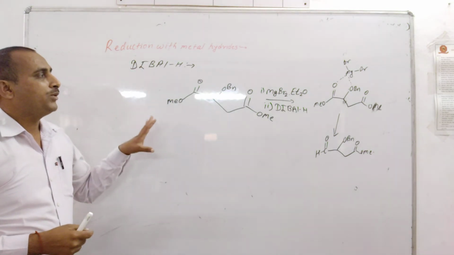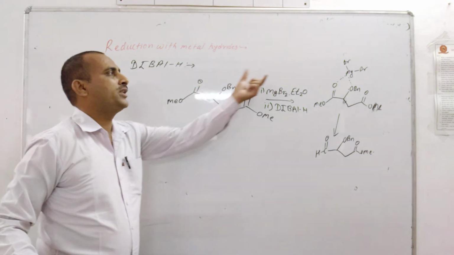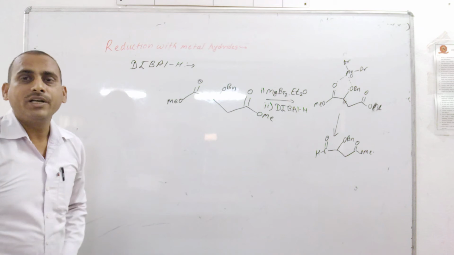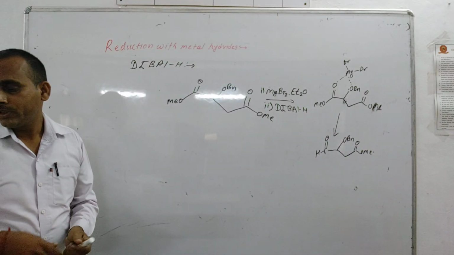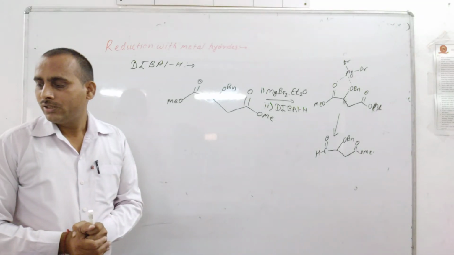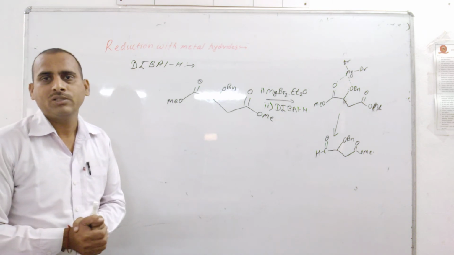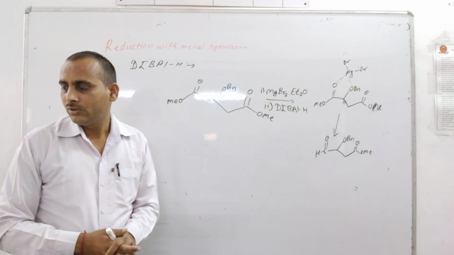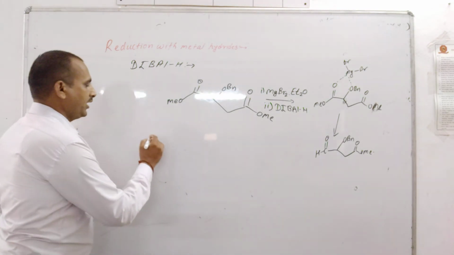So in presence of magnesium bromide, a chelation complex is formed, and the chelated ester gets reduced to aldehyde by using the diisobutyl aluminum hydride. Then the regioselective reduction of ester to form the aldehyde takes place. So let's see the example.